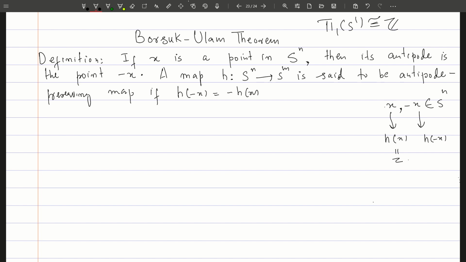Now h being antipodal, this h of minus x is the same as minus h of x, and h of x is z. So one can note here that this z and minus z are antipodes. Hence an antipodal or antipode preserving map is a map that maps antipodal points to antipodal points. This is true for all x in Sn.